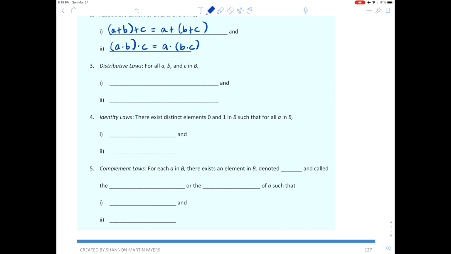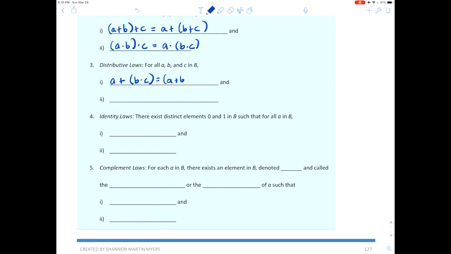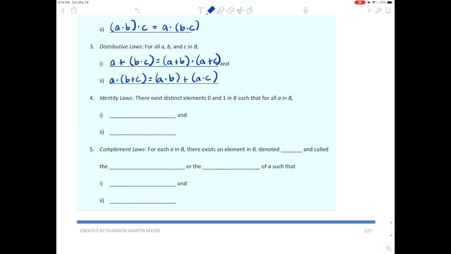A or the quantity B and C is equivalent to the quantity A or B, and the quantity A or C. And A and the quantity B or C is equivalent to the quantity A and B, or the quantity A and C.